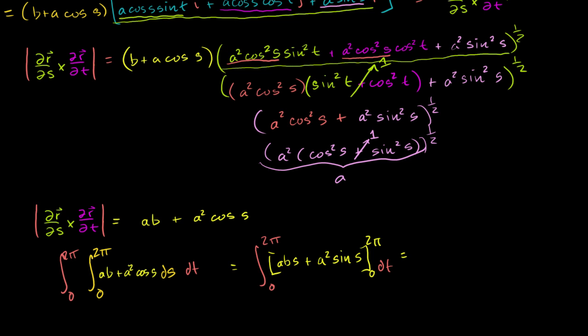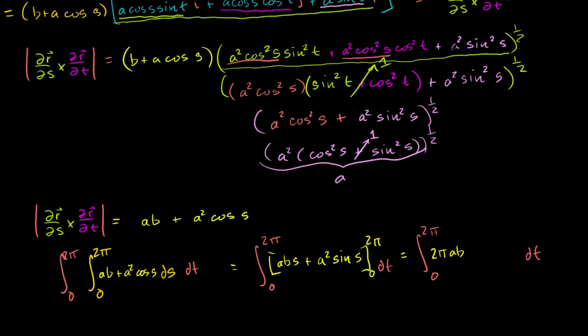And what is this going to be equal to? Let's put our boundaries out again for the t integral that we're going to have to do in a second, 0 to 2 pi dt. When you put 2 pi here, you're going to get ab times 2 pi, or 2 pi ab, plus a squared sine of 2 pi.